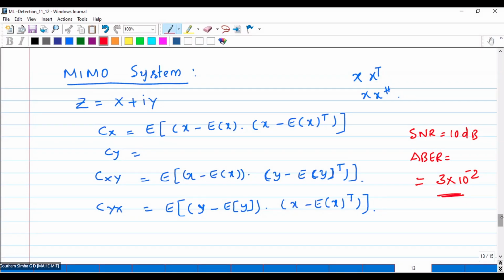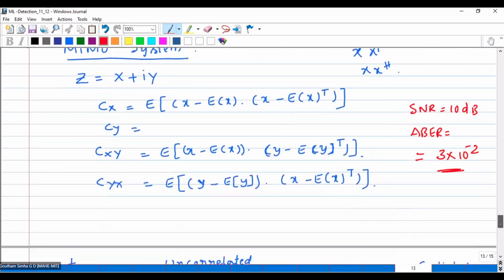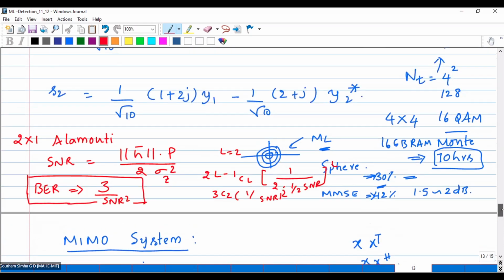Excuse me, sir. Yeah. What modulation scheme are we using for this? Irrespective of whatever modulation scheme you use here, generally it is considered as QPSK or BPSK for your Alamouti scheme.